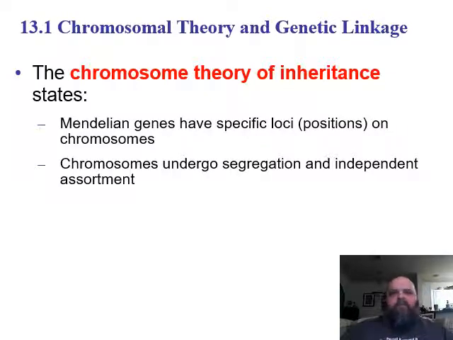1312 Main Street. Okay, 1312 Main Street, you know where that is. You can look on a map. The maps for loci are going to be a little bit different, because there's no discrete gene 1, gene 2, gene 3, person to person.